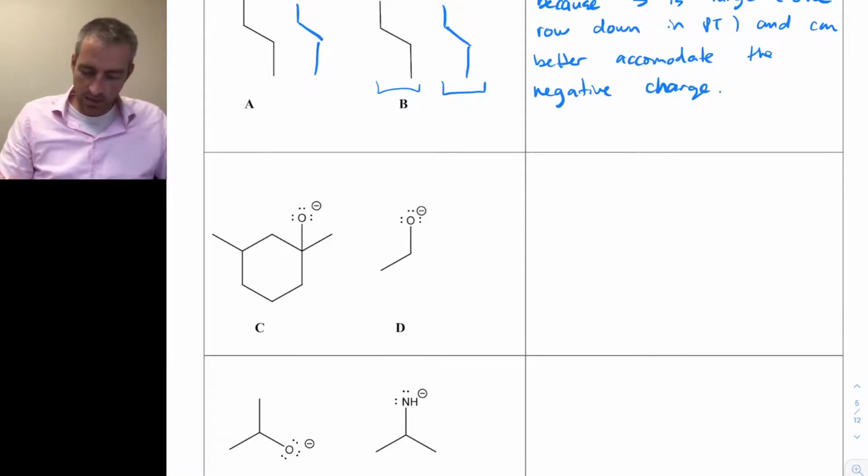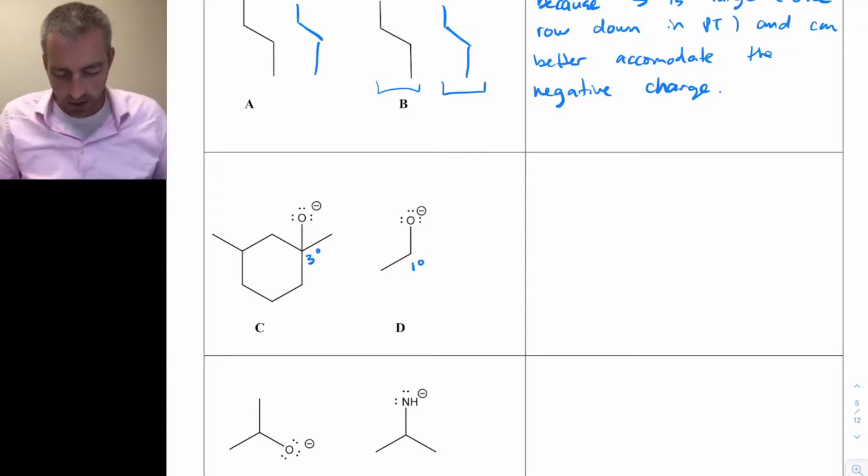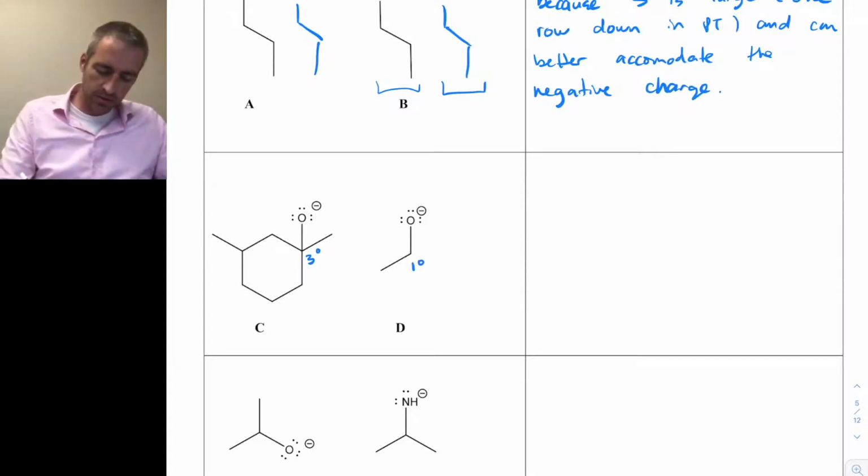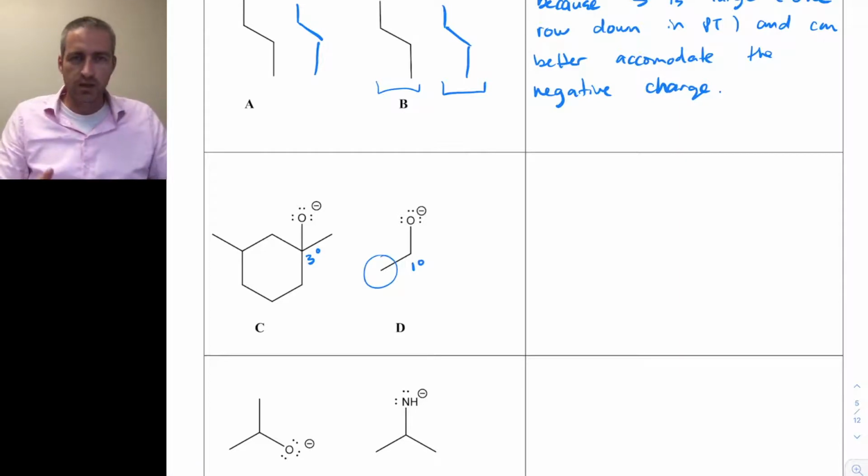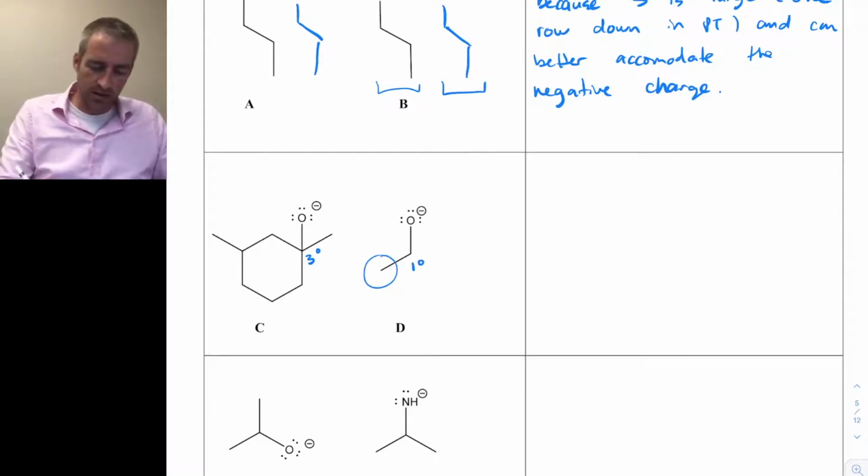Second example, we have two O minus, two alkoxides, one where we have tertiary and one where we have primary. This one's a little more subtle, but what we know is that alkyl groups like CH3 can donate electron density, right? They are donating electron density that way. Probably shouldn't use a dipole arrow here.